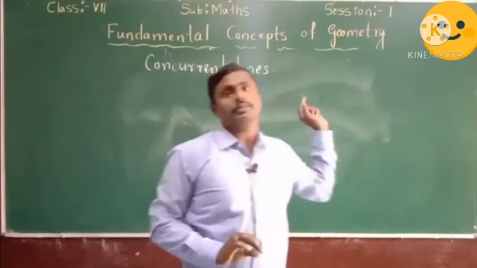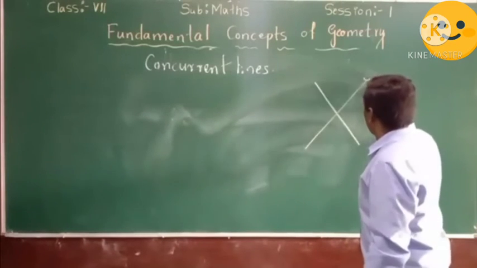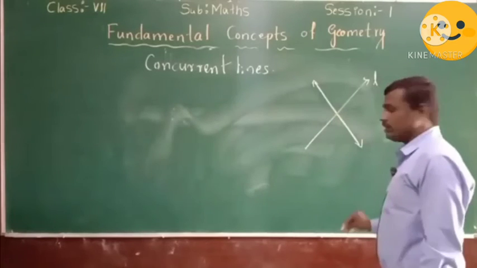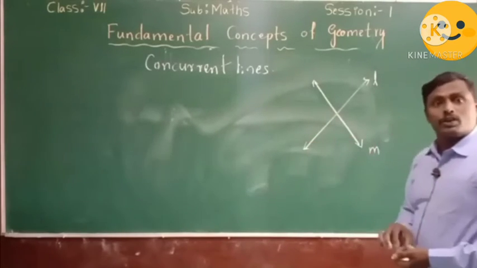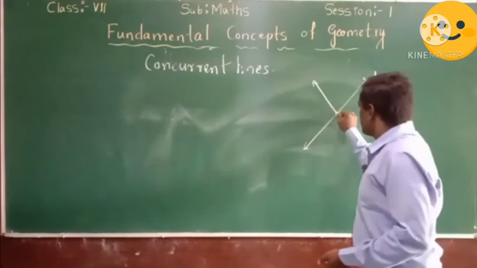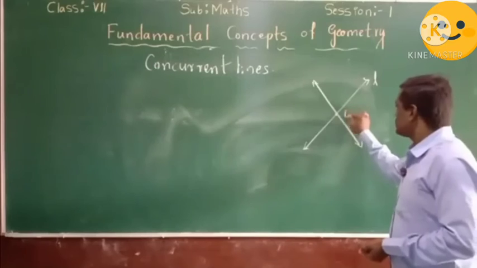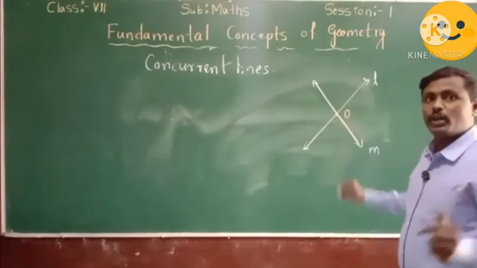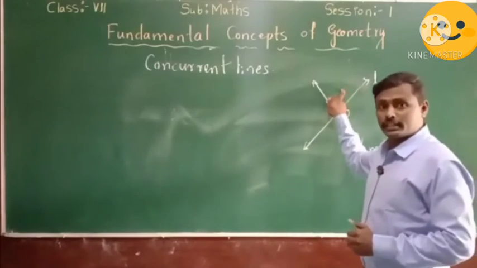It is similar to intersecting lines. In intersecting lines, we considered two lines, for example L and M. L and M are the two lines which intersect at one particular point, that is O. That point O is called the point of intersection, correct? This is intersecting lines.